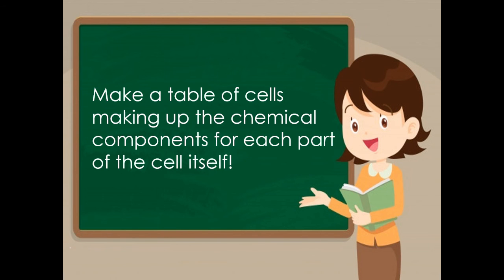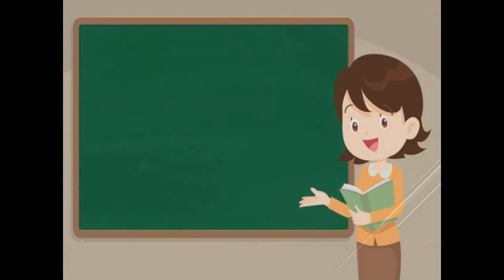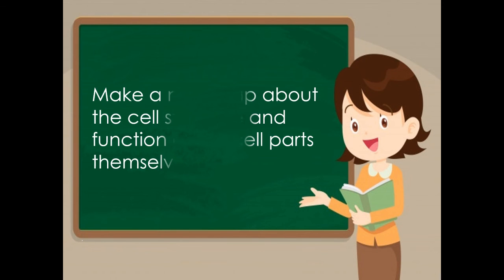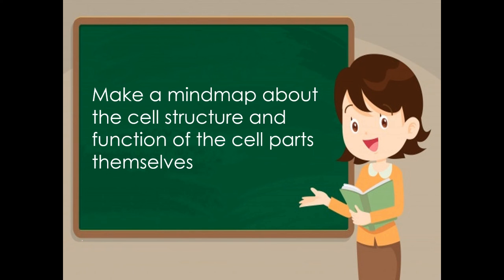As depicted in the picture, you have to make a table of the chemical components making up each part of the cell itself. The second, please make a mind map about the cell structure and the functions of the cell parts themselves.